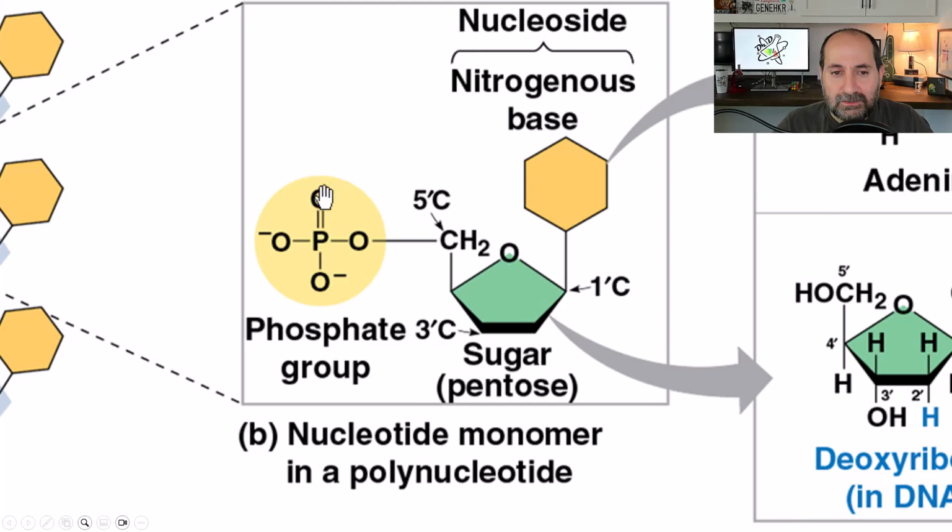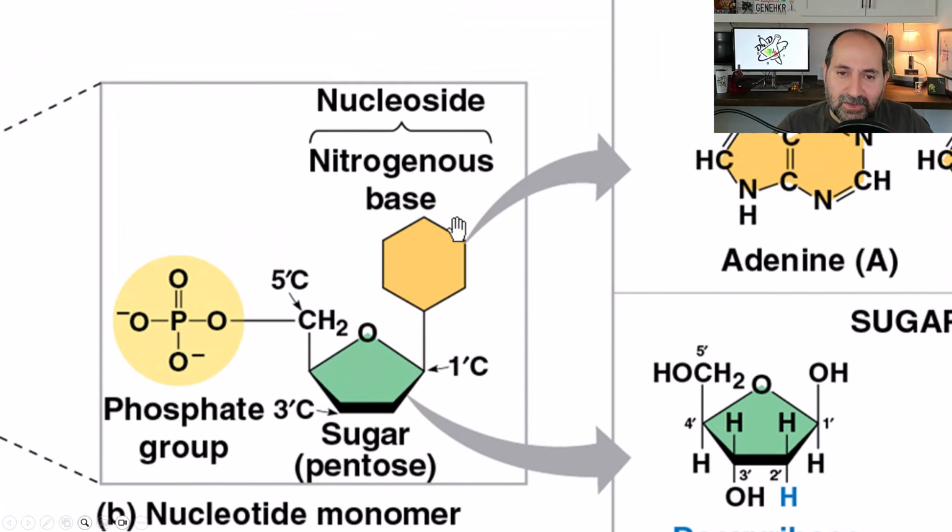So far we understand the phosphate group, which is negatively charged. We understand the pentose sugar, which is either ribose for RNA or deoxyribose for DNA. Now, what about this part here, this mustard-colored part here? This is where it gets a little more tricky. This is called the nitrogenous base, okay?